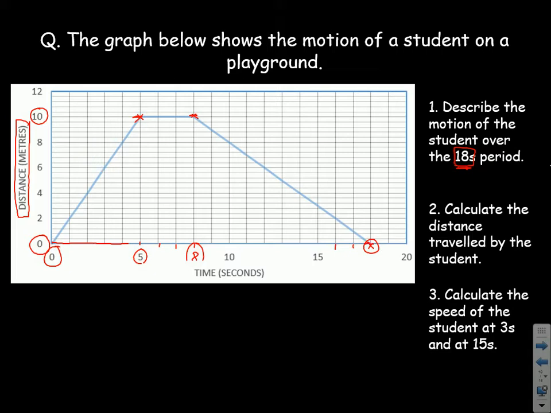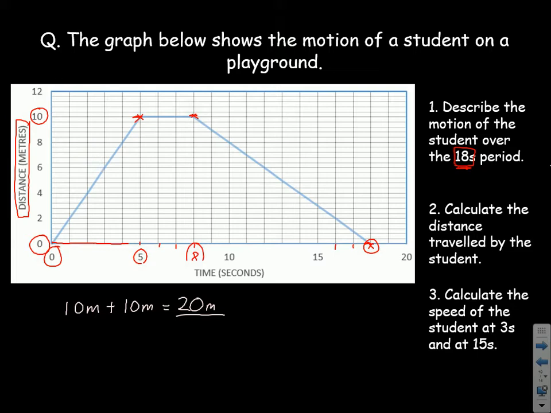So that's a relatively straightforward question. They move 10 meters away, and then they move 10 meters to get back to the starting point. Therefore, the student moves 20 meters on this graph.